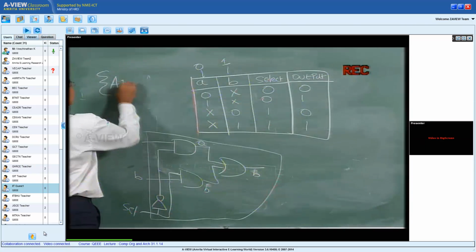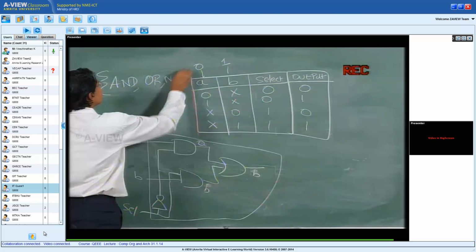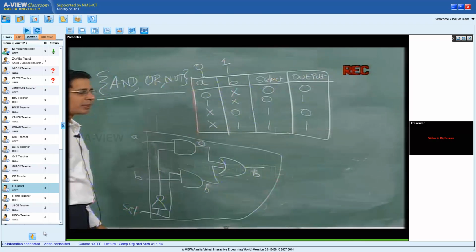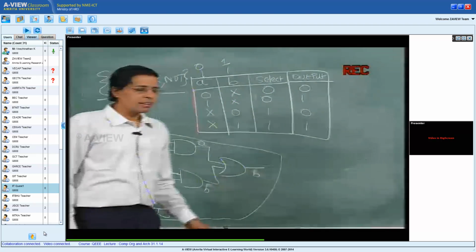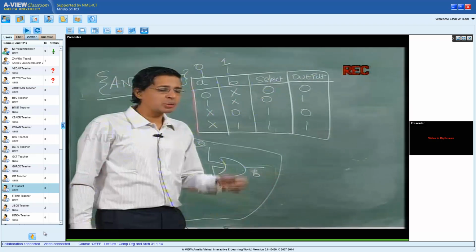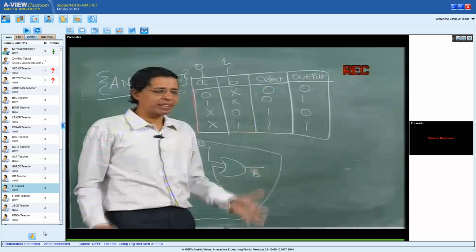Why is this set not minimally functionally complete? That is the question. This set is not minimally functionally complete because the definition of a minimal functionally complete set is that I should not be in a position to remove a gate and still maintain the property.